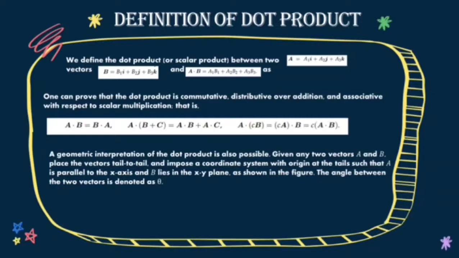Given any two vectors A and B, place the vectors tail to tail and impose the coordinate system with origin at the tail, such that A is parallel to the x-axis and B lies in the xy plane. As shown in the figure, the angle between the two vectors is denoted as theta.